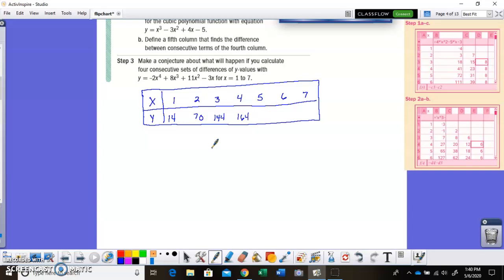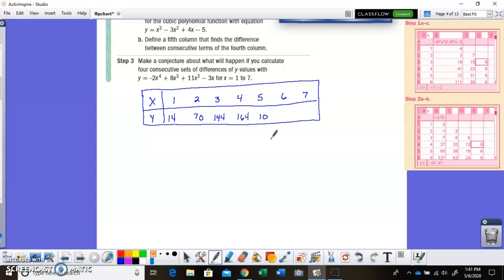That didn't come out right. -2 times 5 to the 4th power plus 8 times 5 to the 3rd power plus 11 times 5 squared minus 3 times 5. Nope, that's right. Something weird happened when we hit 5. Look at that. All of a sudden it jumped down. That's going to be a weird subtraction when that happens. Curious, right? So now I'm substituting in 6.